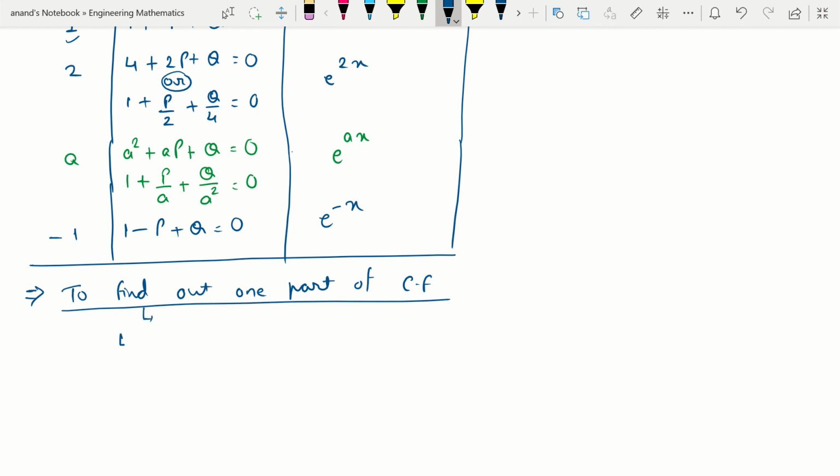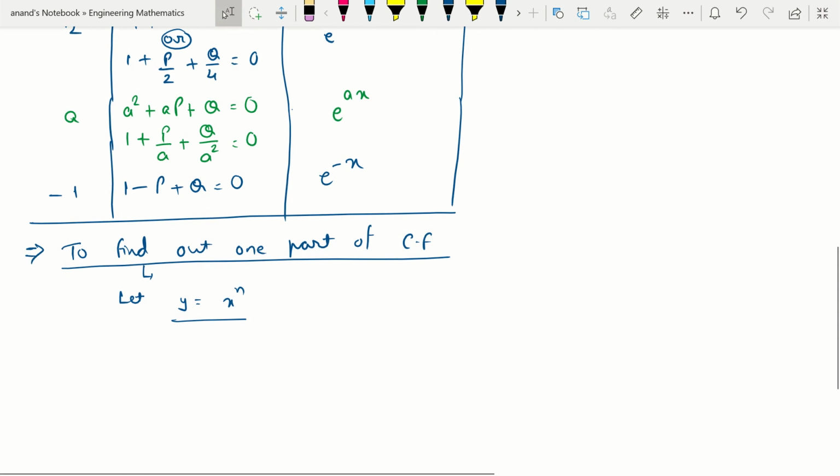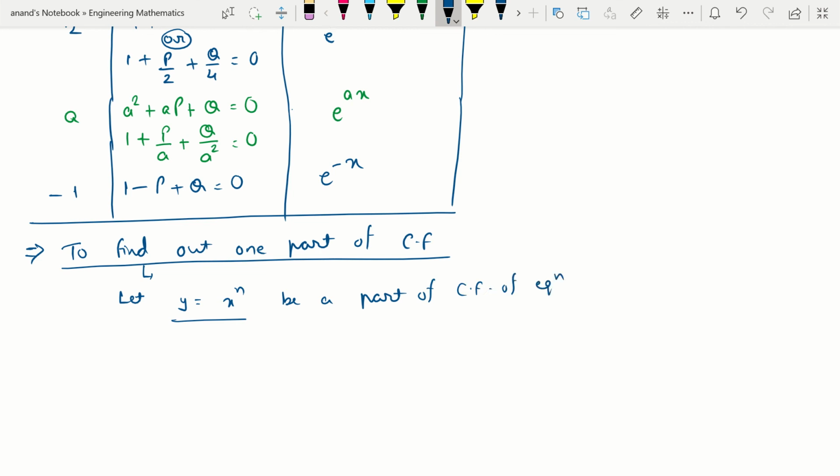Here we will assume let y equals to x to the power n be a part of complementary function of equation d2y by dx2 plus p dy by dx plus qy equals to 0.